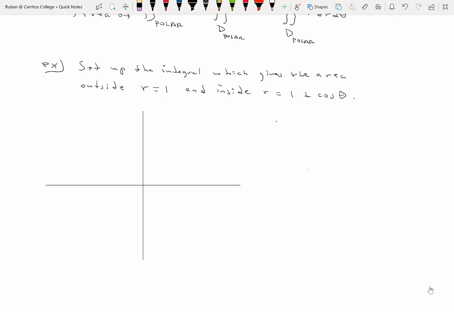And here is what our cardioid looks like.